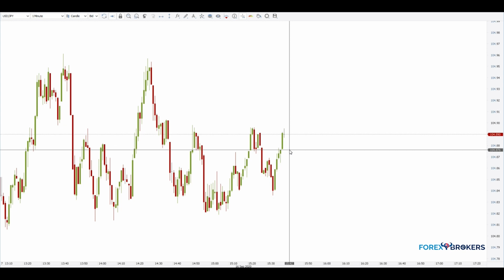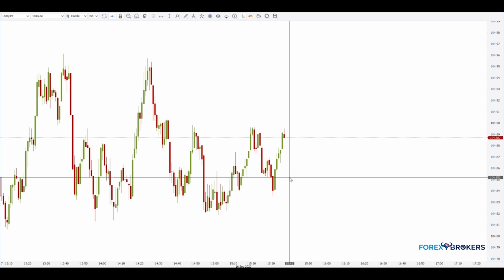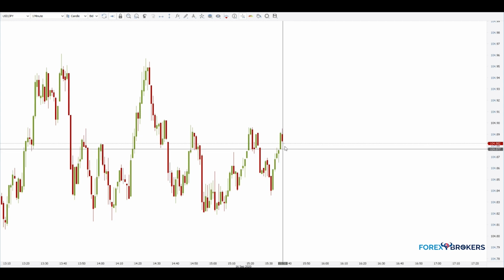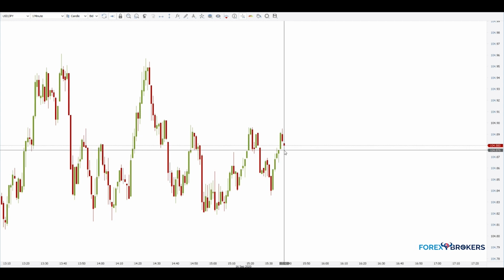The close 104.876. But when you scalp, or when you instruct your expert advisor, your trading robot, your automated trading strategy, to buy or sell at the close of a candlestick, and this happens so fast and so quick that this difference here is called slippage.